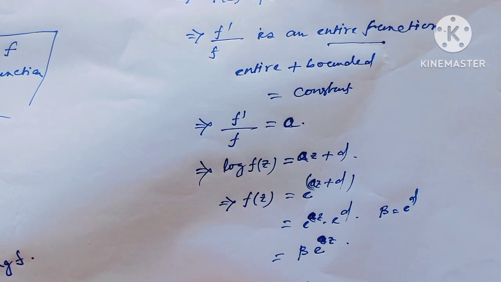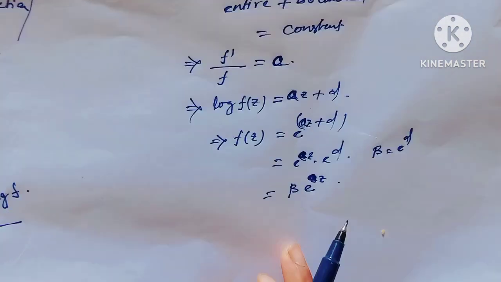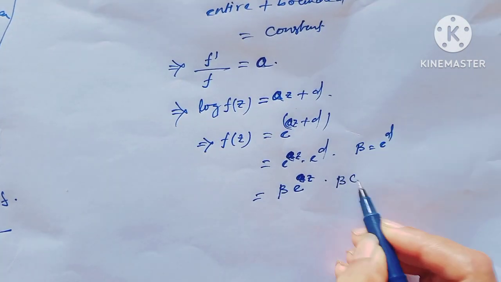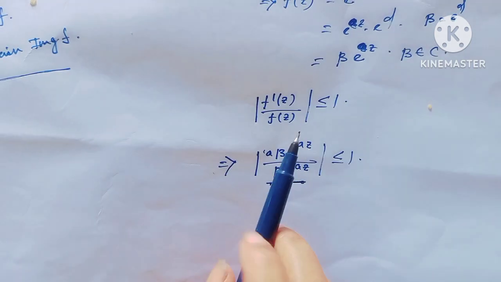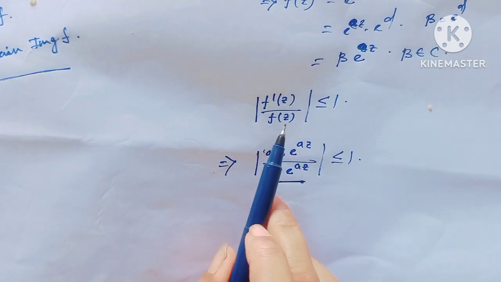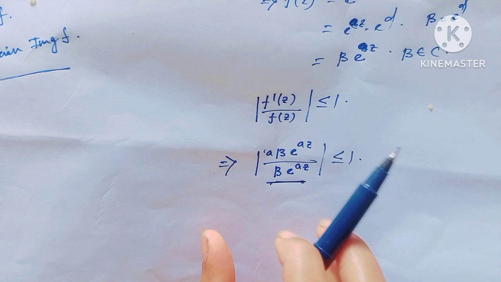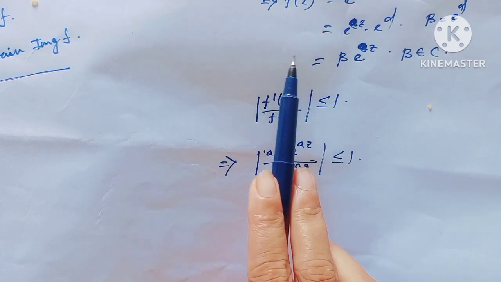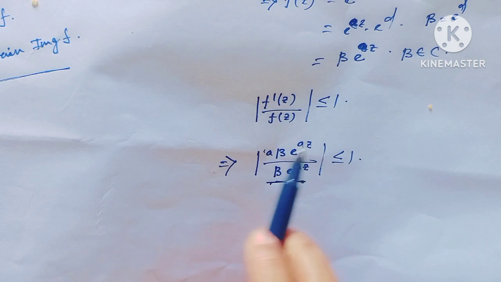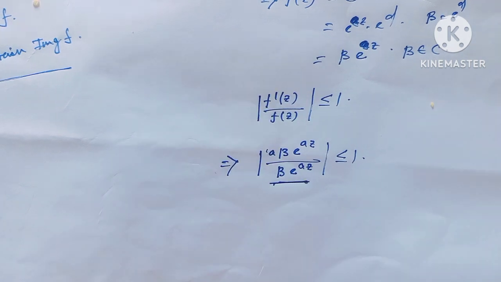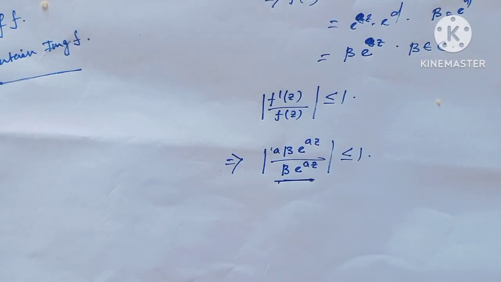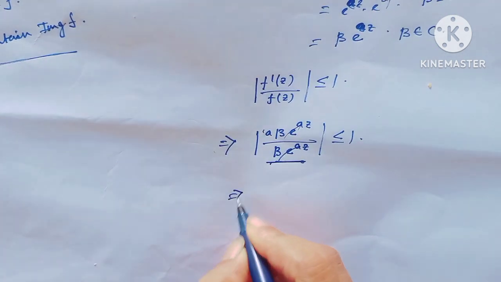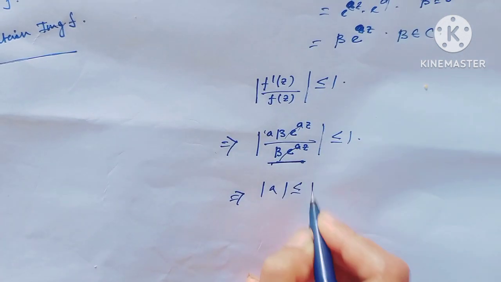Notice here I have got f(z) = beta e^(az). Obviously beta belongs to the complex numbers. For the second condition, |f'(z)/f(z)| ≤ 1. If you put f'(z) = a beta e^(az) and f(z) = beta e^(az), now cancel this part, then this value would be the absolute value of a, at most 1.